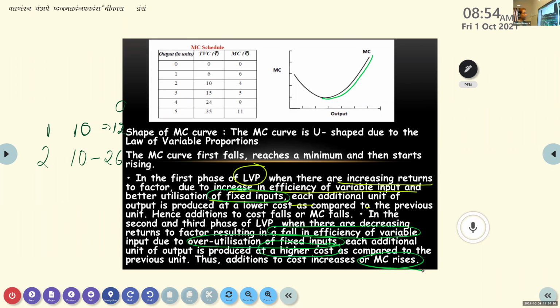So there are three phases here. Basuri, can you tell what are those three phases? Just start with the first phase. How was it? First phase of the LVP.